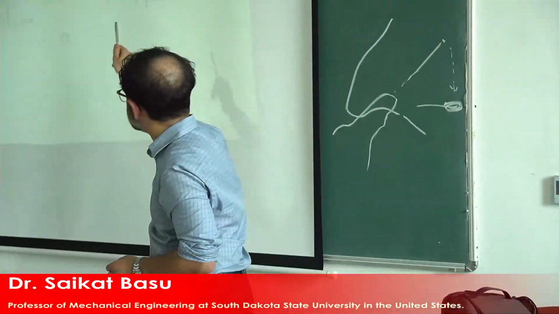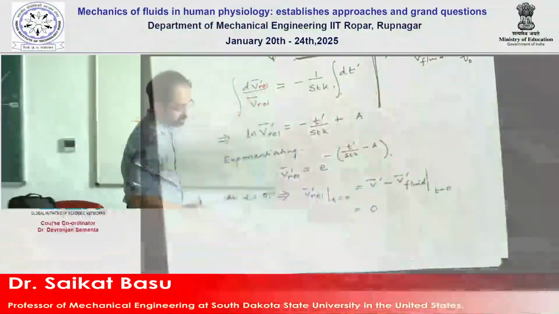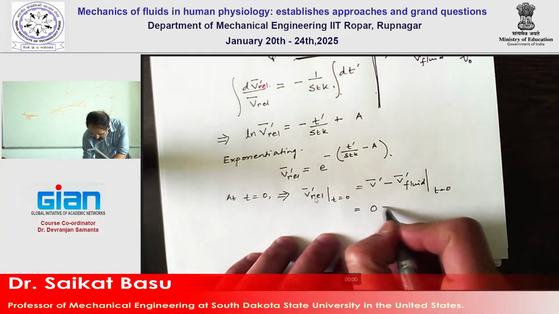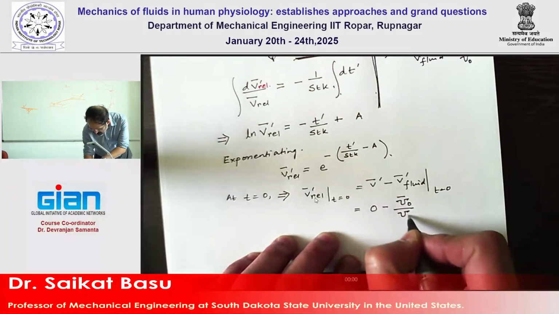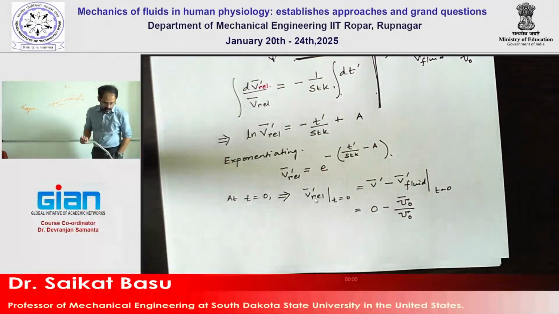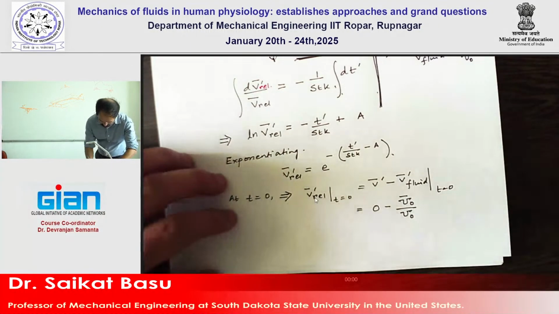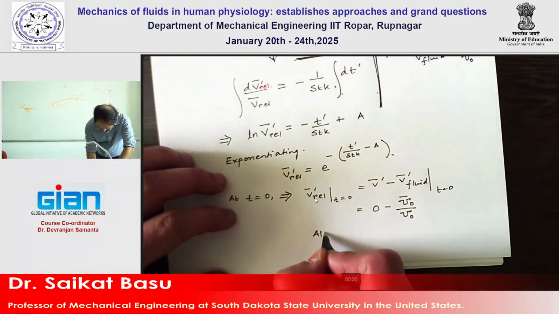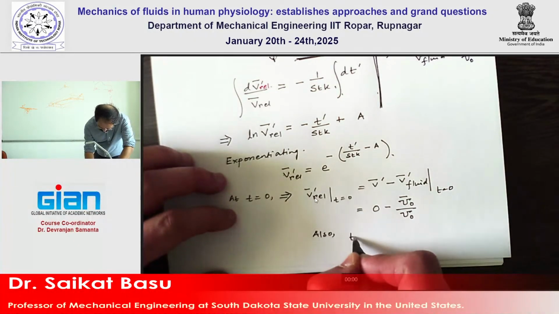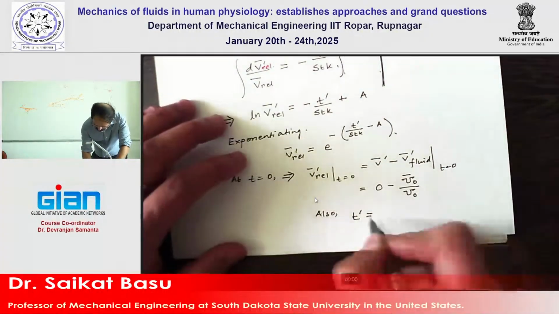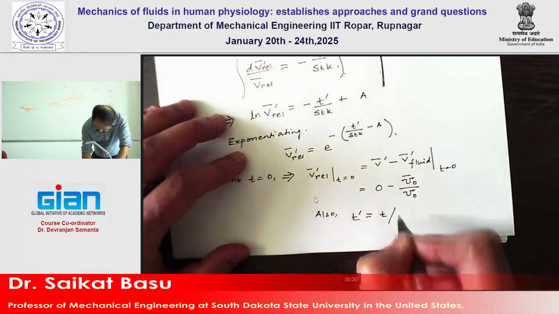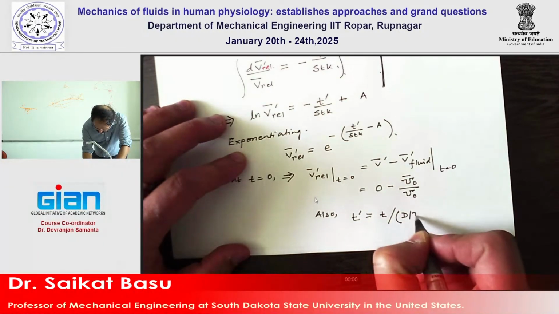So this is 0. The fluid is moving at u naught. So what is that particular term? It is a non-dimensionalized version, so it is what we just wrote a while back, this. Now also we have t prime, which is the non-dimensional time that we are using in this equation, that is equal to the actual time divided by d over u naught.